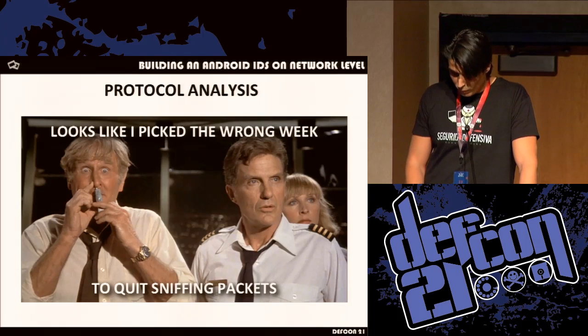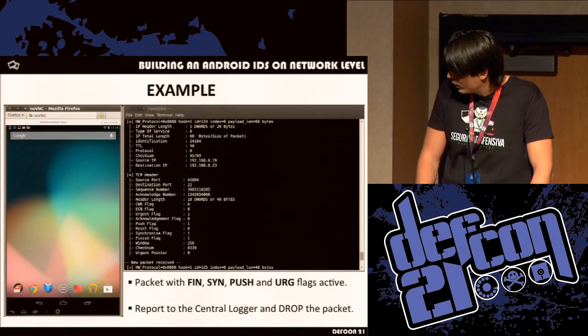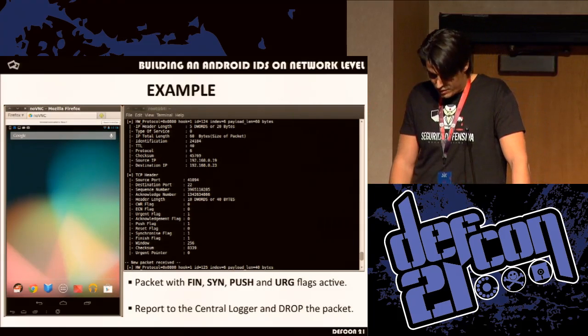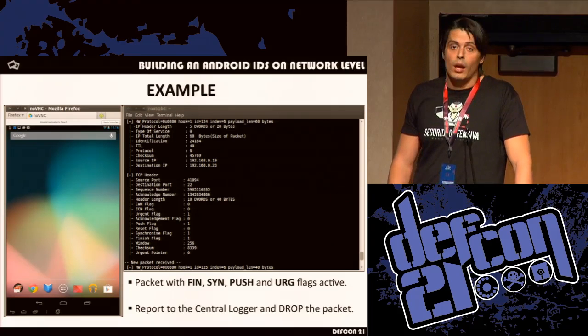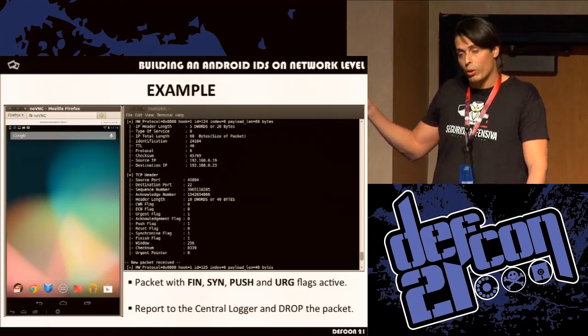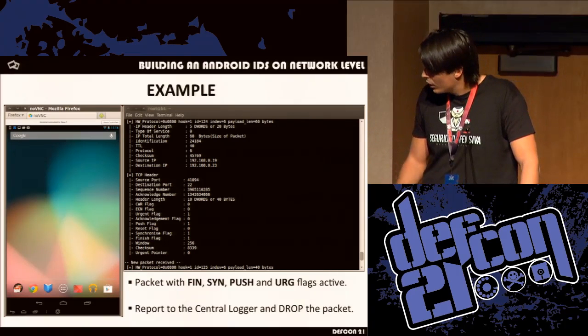As an example, you can see now a TCP/IP packet. It has several flags activated. This kind of packet belongs to a network scanner and should be dropped, and it should be reported to the server.